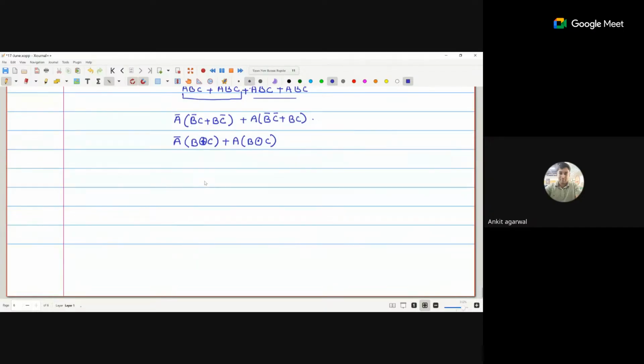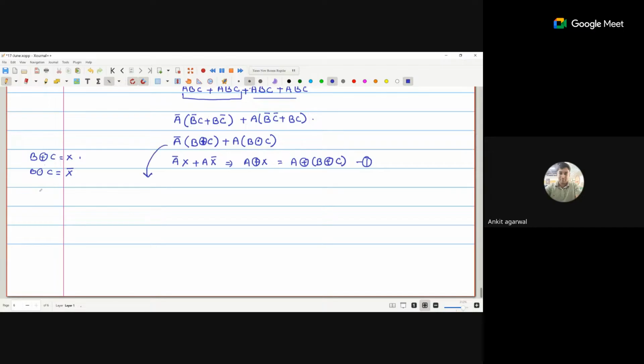This is your step. Now I have taken one case where B XOR C is X. So A bar X plus A X bar is what? A XOR X. Now what is X? B XOR C. So the answer is A XOR B XOR C. Okay, so this is the first answer.